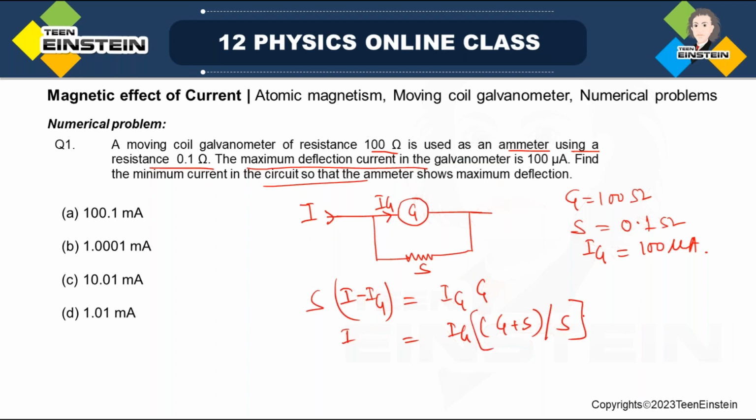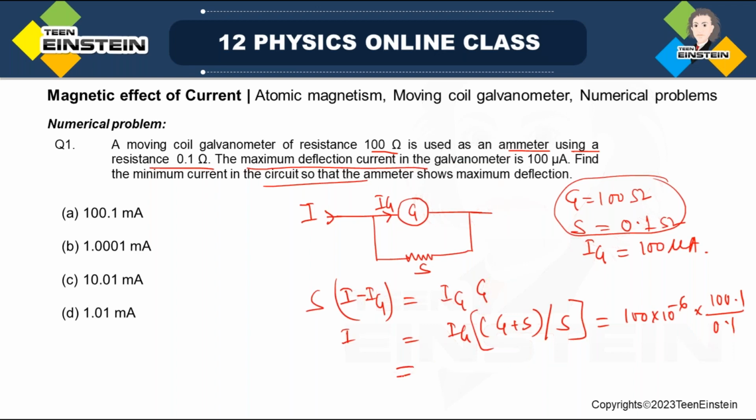Look here, Ig is given as 100 microampere. Let me write this as 10 to the power minus 6 ampere, and G plus S. G plus S is this much, that means 100, divided by S which is 0.1.